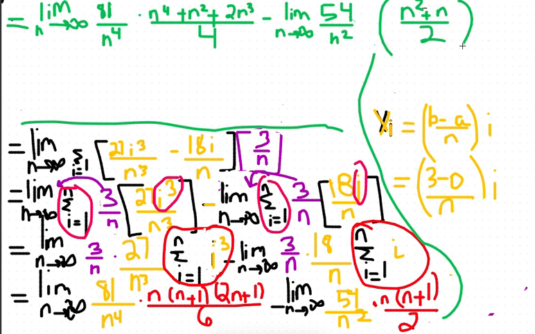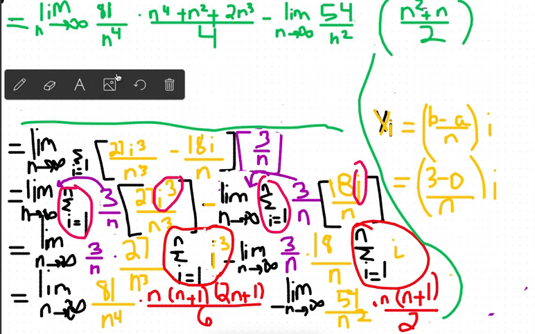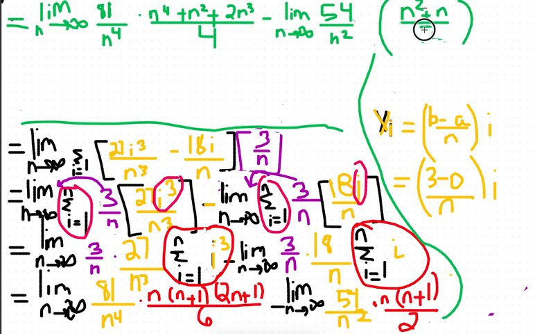Okay, so now we have, it does not become n squared plus n divided by 2. When we simplify it, it becomes something else.